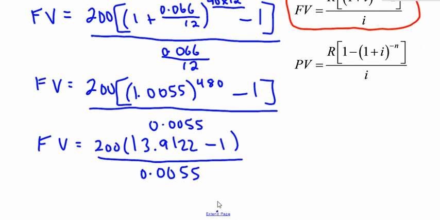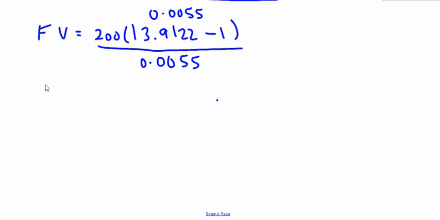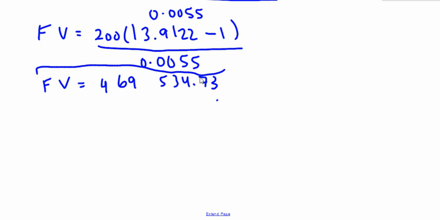So I'm going to take 13.9122, subtract 1, multiply by 200, and divide by 0.0055 and discover that this person would have $469,534.73, rounding up ever so slightly because it's not even a penny.